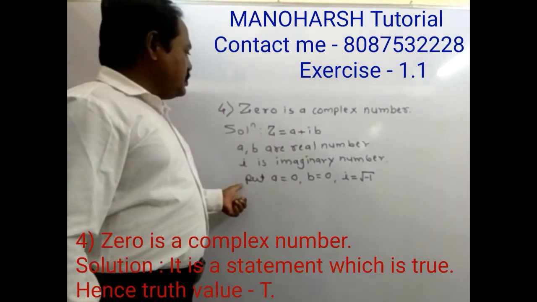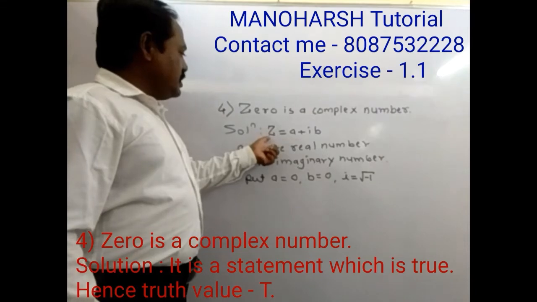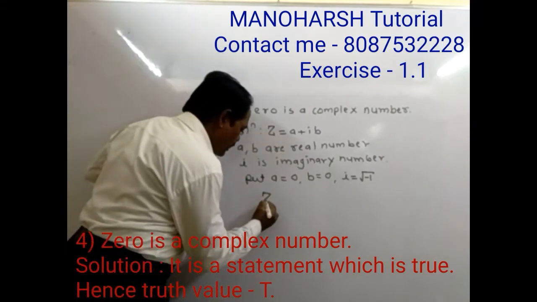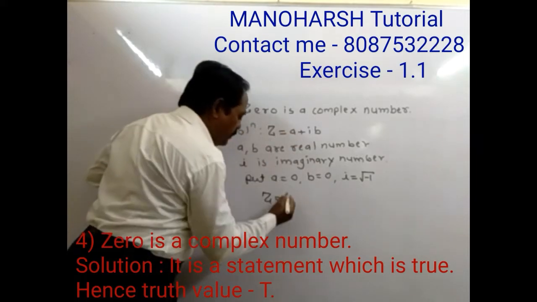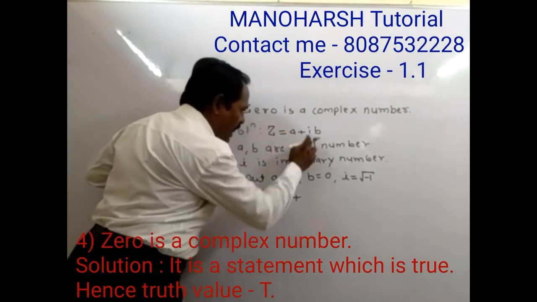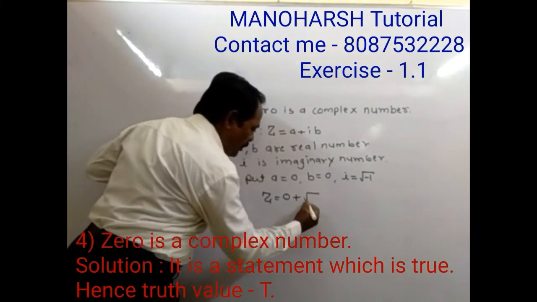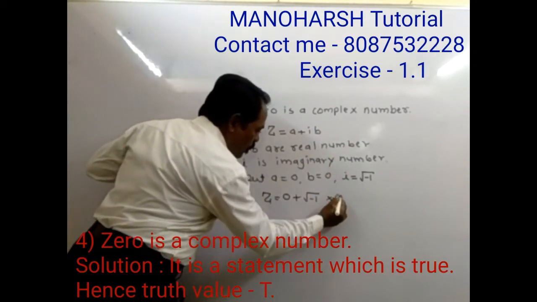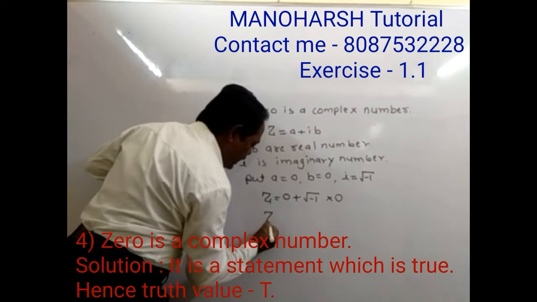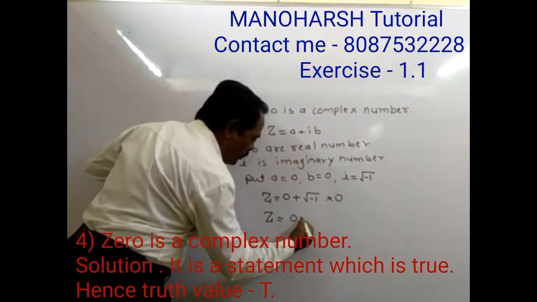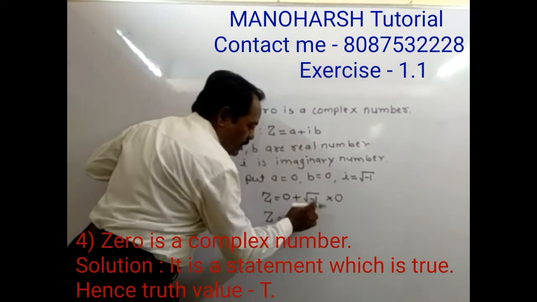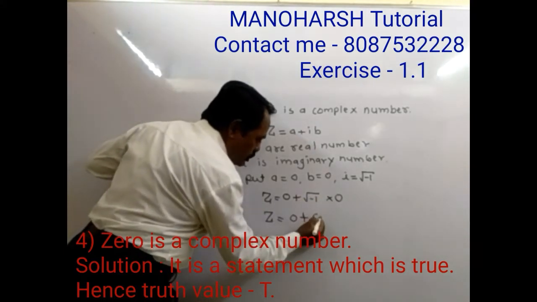Now if you put these values in the complex number expression, z is equal to a, that is 0, plus i, square root of minus 1, into b, 0. तो हमें क्या मिल रहा है? z is equal to 0 plus 0 into square root of minus 1. So 0 into any number is 0.